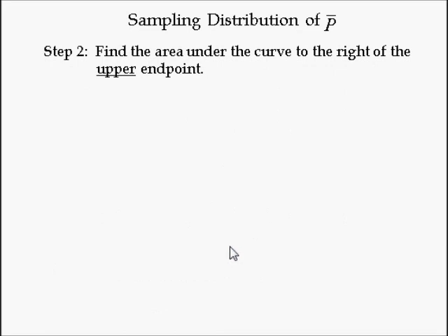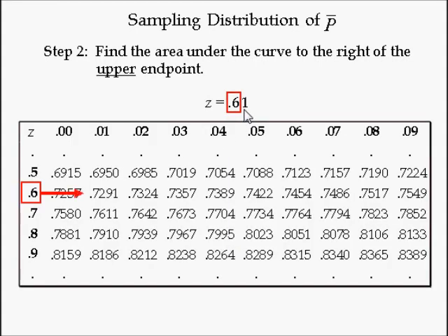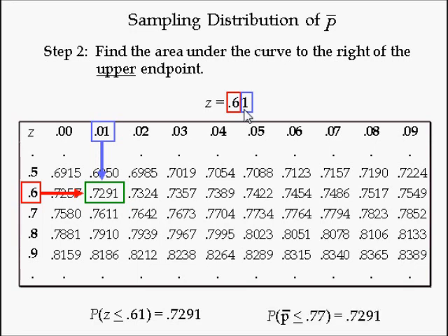Next, we find the area under the curve to the right of the upper endpoint. Z is equal to 0.61. We go to row 0.6, column 01. The probability that Z is less than or equal to 0.61 is equal to 0.7291.